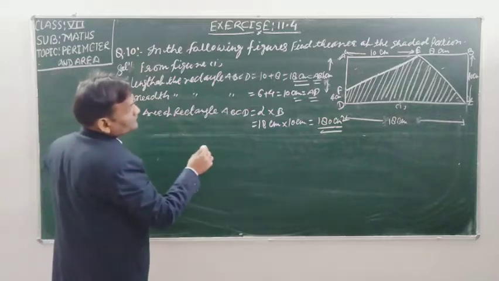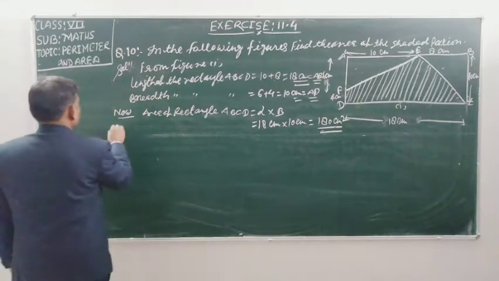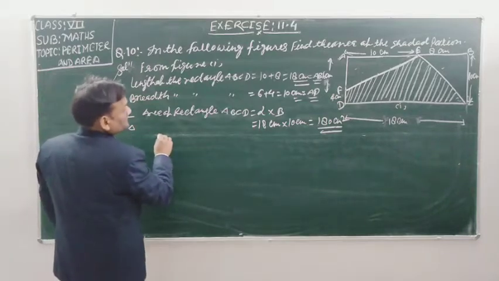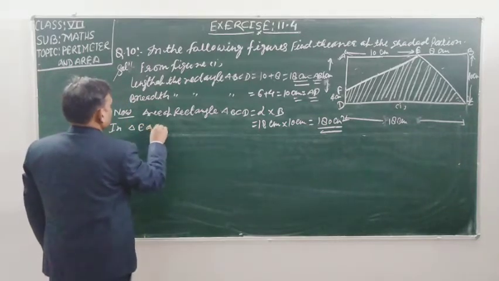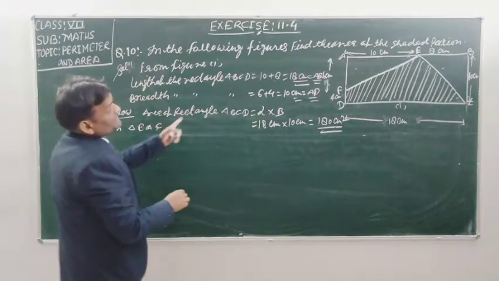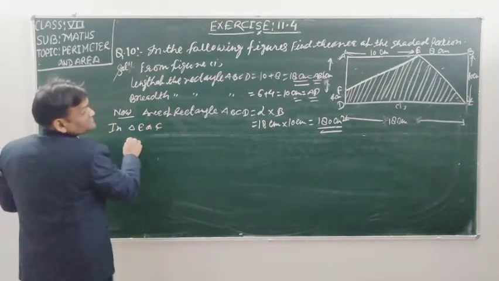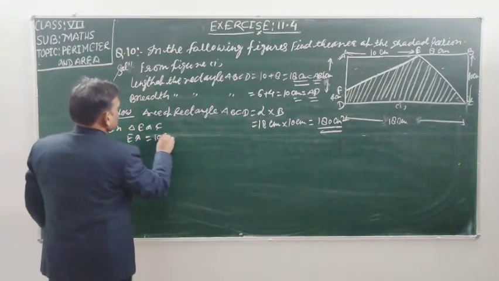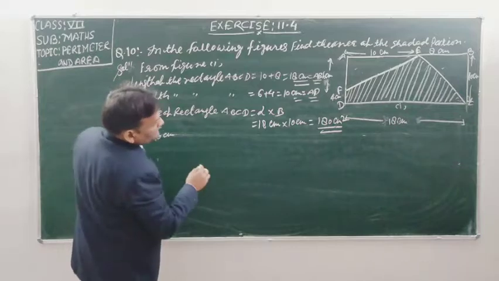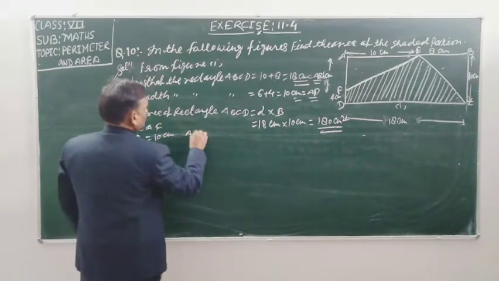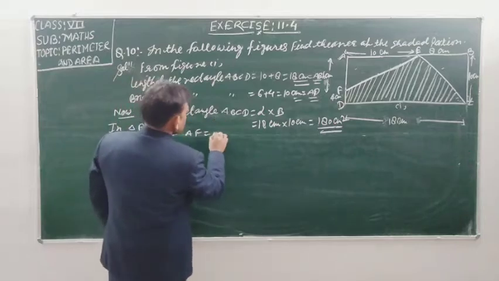Now, write like this. In triangle EAF, EA is equal to 10 centimeter and AF is equal to 6 centimeter.